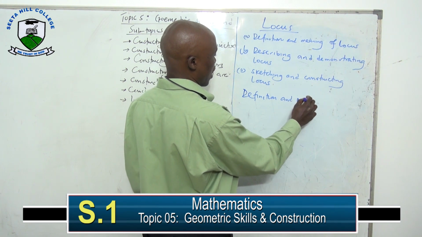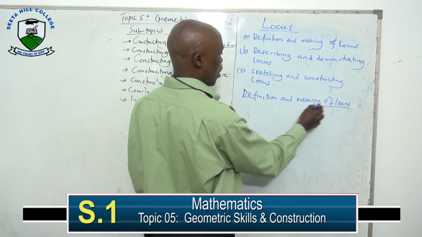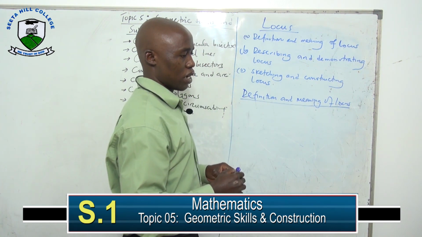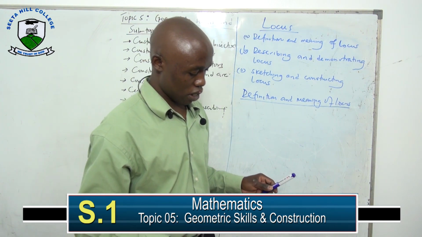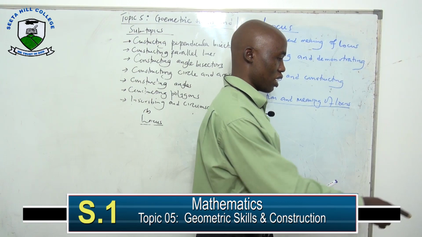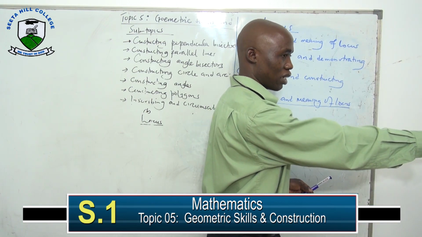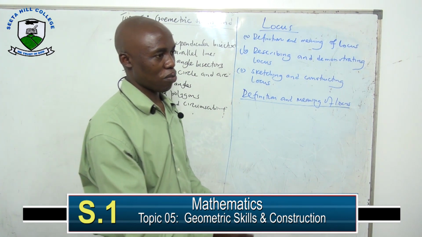Definition and the meaning of the locus. When I start to move, if my legs are dusted with chalk, you can know that he has passed here, passed there, because you see white color everywhere, not so?